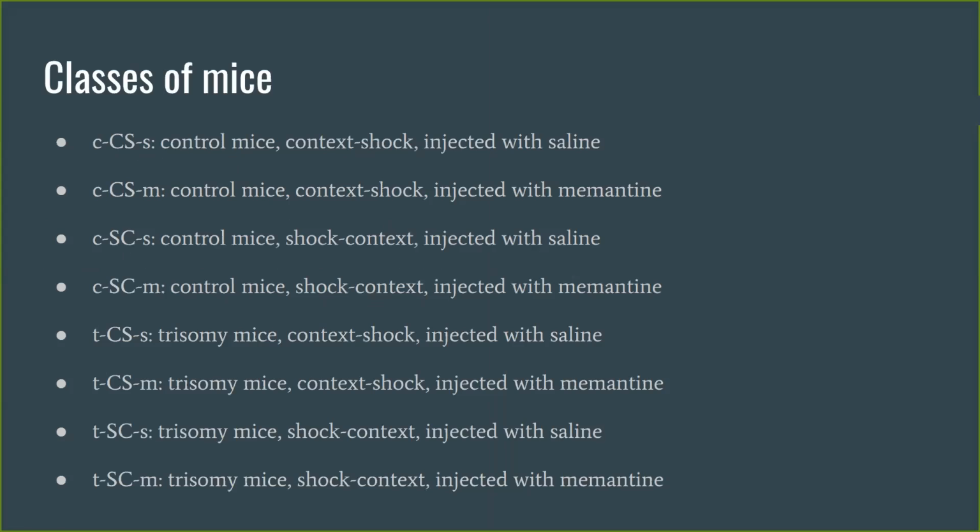CS is context shock. So if you group all the CS, they are the same with respect to shock context, but they are heterogeneous with respect to saline and the injected amount. Oh, okay.